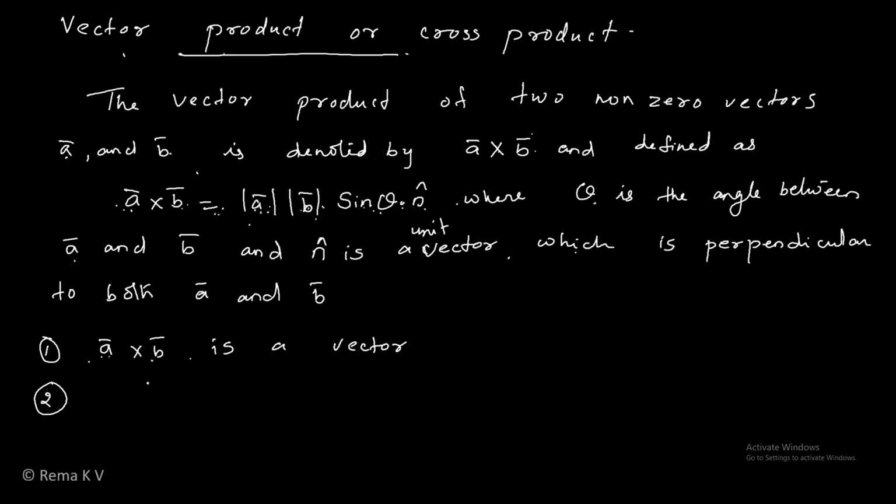What happens if any one of these two vectors, either A or B, is a zero vector?